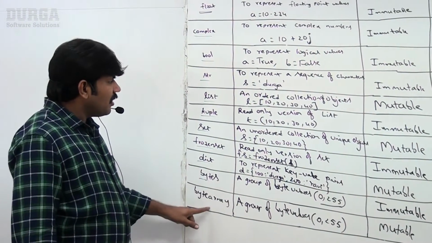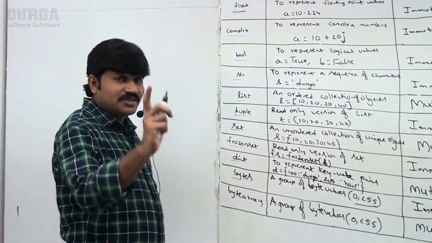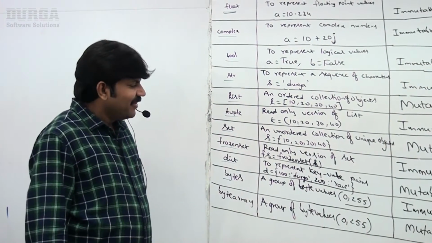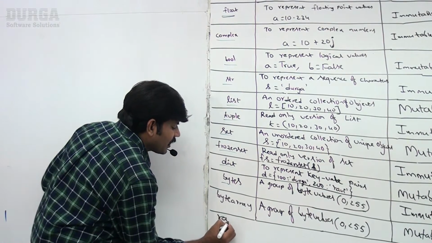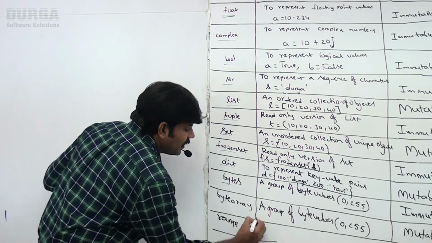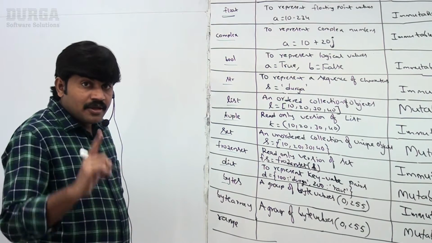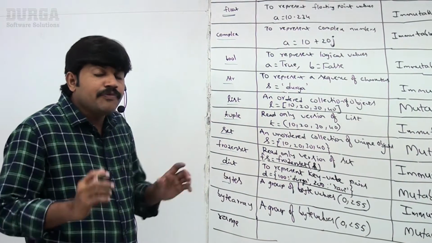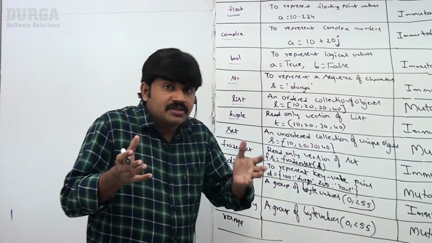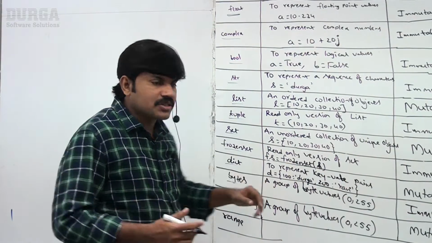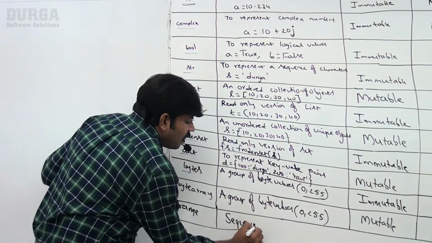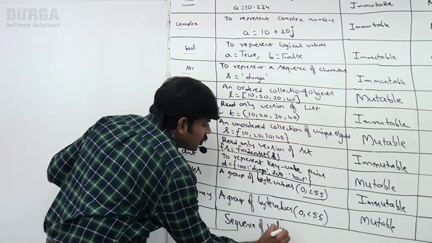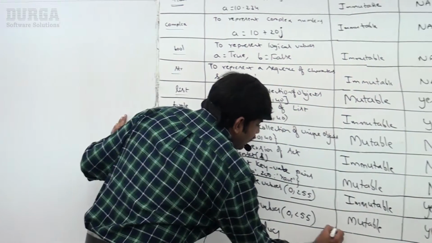Okay, so still we are missing one data type. Have you remembered? What is that? Range data type. When should we go for range? If you want to represent a sequence of values, we require range type.